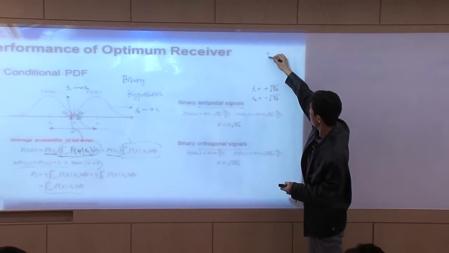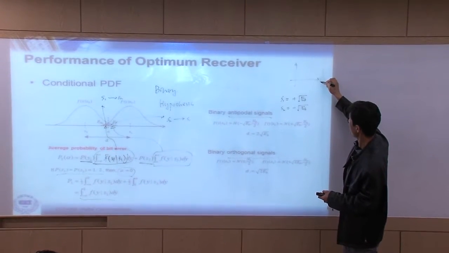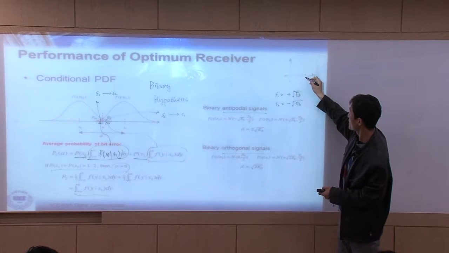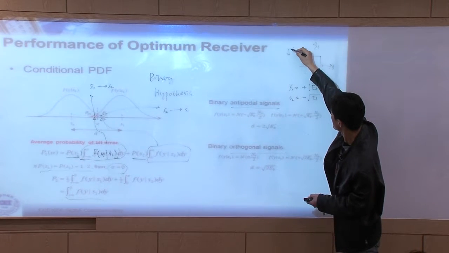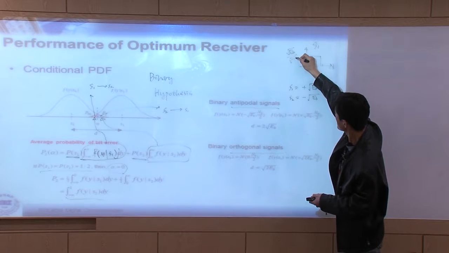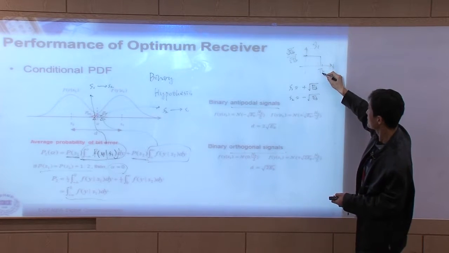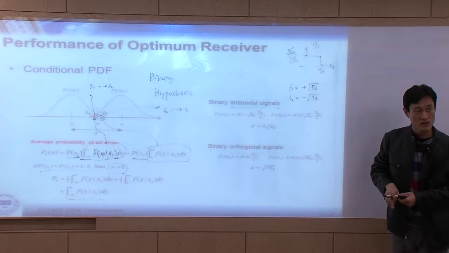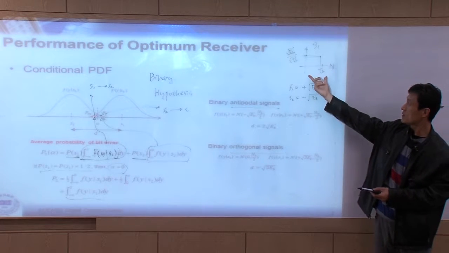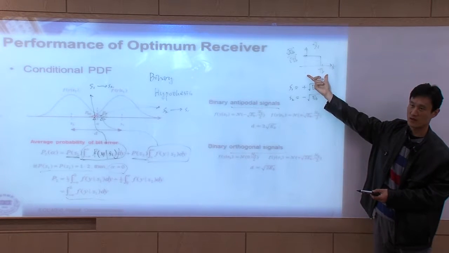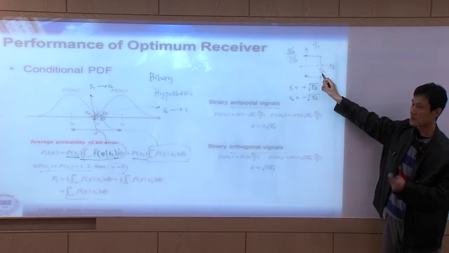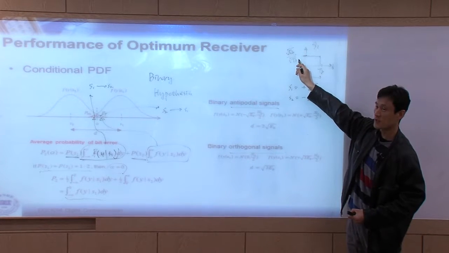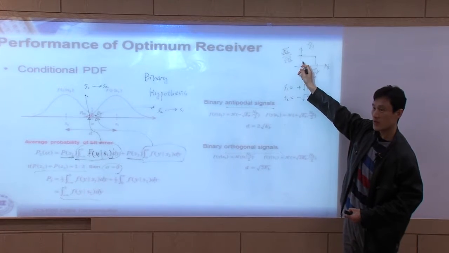Earlier, when you draw the time domain picture like this, remember that we make it this way as S1, and this level we write this way, right? At this time, we drew this in the time domain, and the symbol duration is TB. That's why we divided by TB at that time, right?